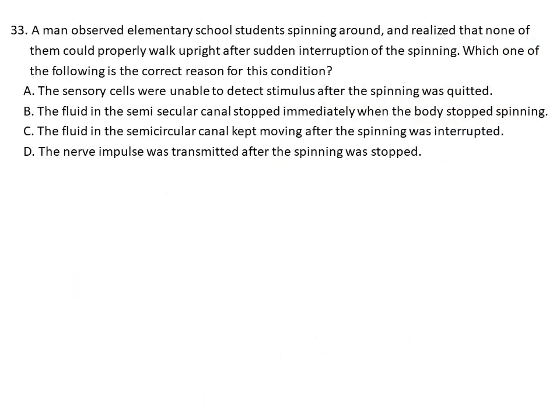Question number 33. A man observed elementary school students spinning around and realized that none of them could properly walk upright after sudden interruption of the spinning. Which one of the following is the correct reason for this condition?